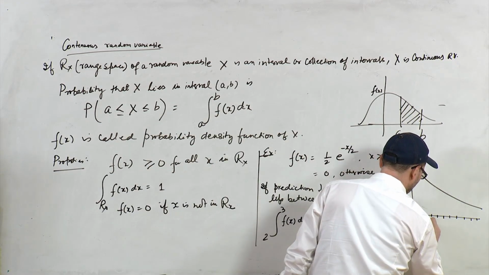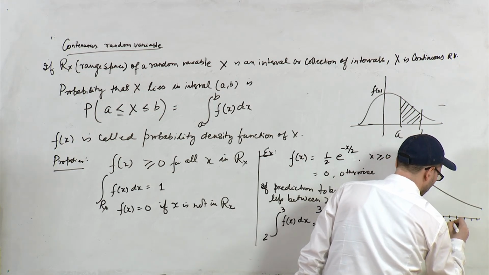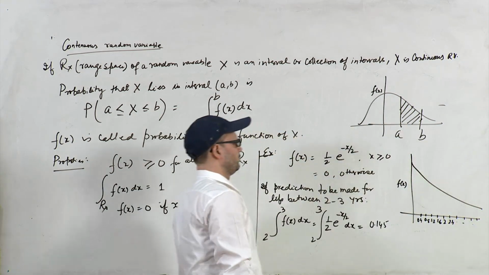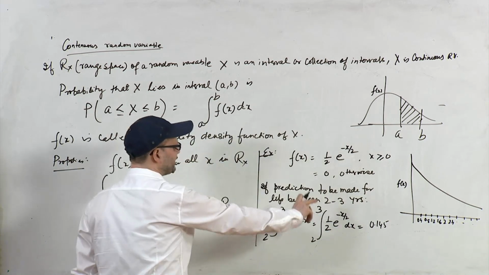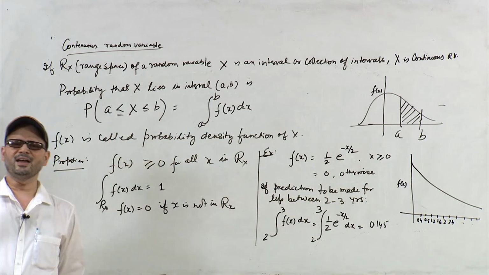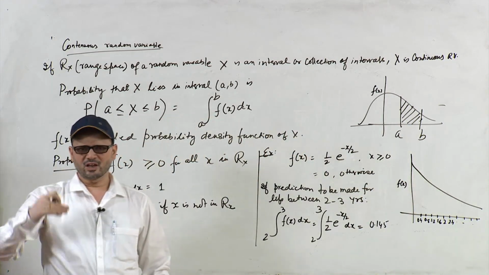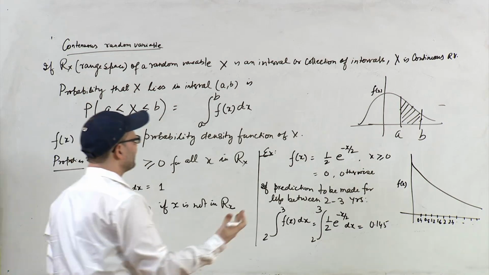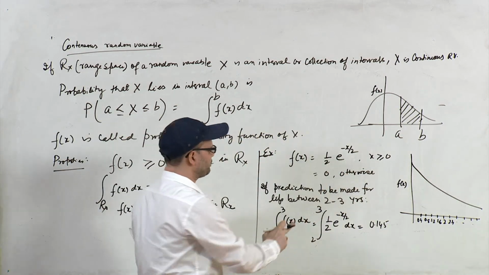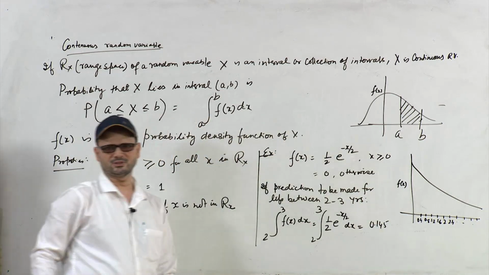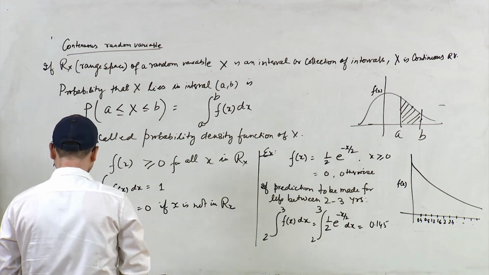Here you will have 0.4, 0.8, 1.2, 1.6, 2, 2.4 like that. This way you can calculate such problems where life expectancy needs to be predicted, that a component will last for 2 to 3 years, its probability is about 14.5%. So, this is the example for continuous random variables.